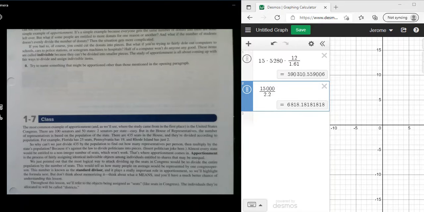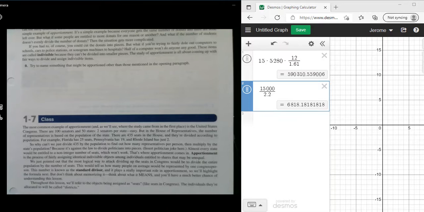There are 100 senators in 50 states, 2 senators per state, easy. But in the House of Representatives, the number of representatives is based on the population of the state. There are 435 seats in the House, and they're divided according to population. For example, Florida has 25 seats, Pennsylvania has 19, and Rhode Island has just 2.